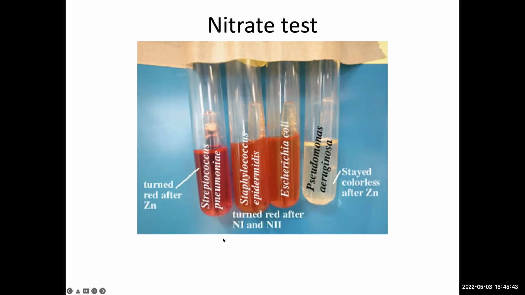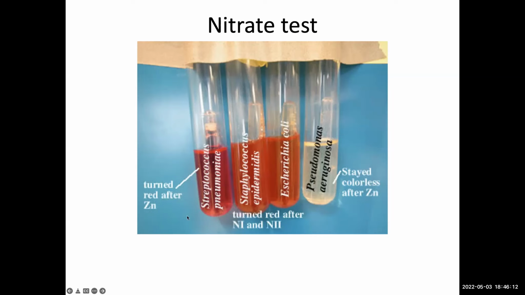But if it turns red in that first step, that means that it has reduced nitrate to nitrite. And then if it doesn't turn red in the first step, you have to do a second step to find out if it's not positive in this first step because nitrite was further reduced or because nitrate was never reduced.